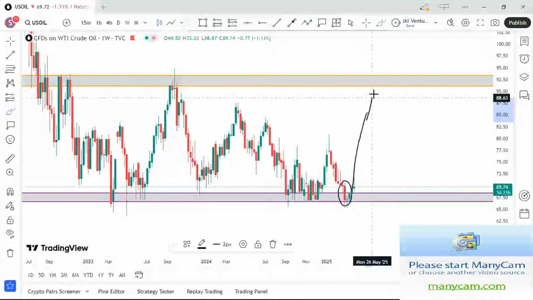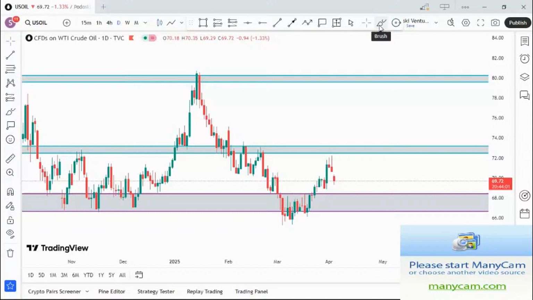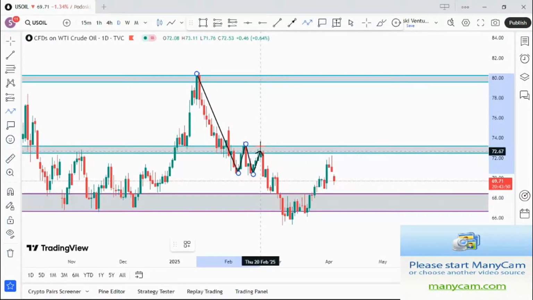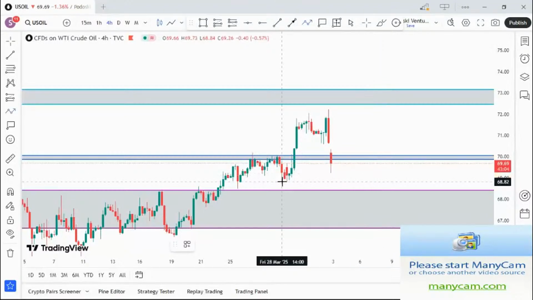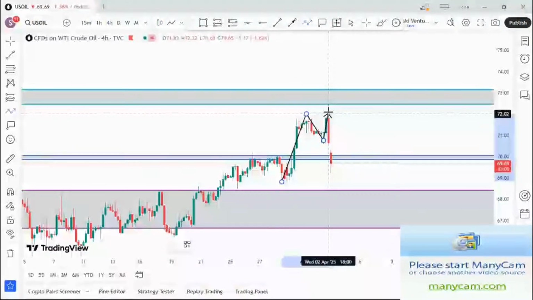You will see a lower high, lower low, then it went all the way up, touching the previous high. Price broke out of this 4 hour resistance. Now it's created an equal high, and it's now at our 4 hour zone.